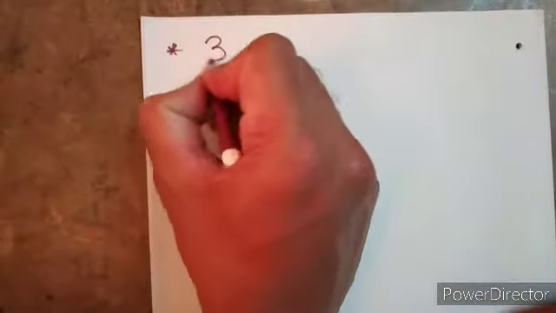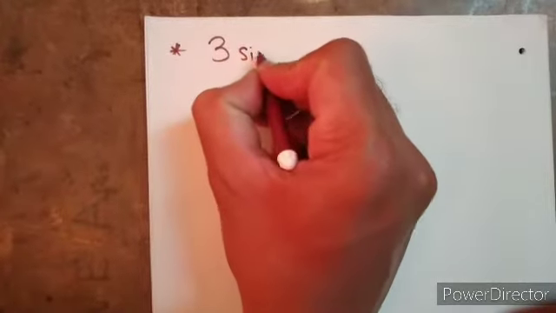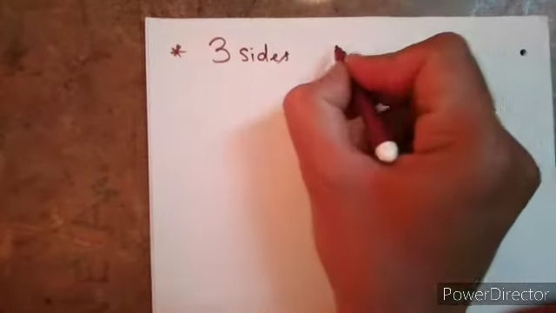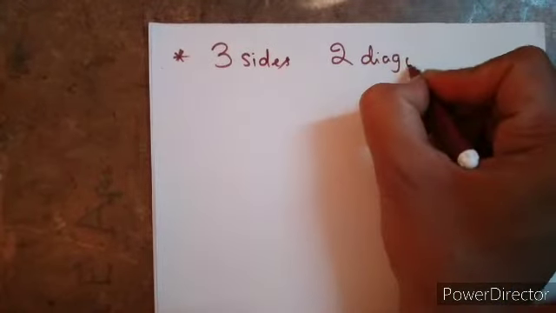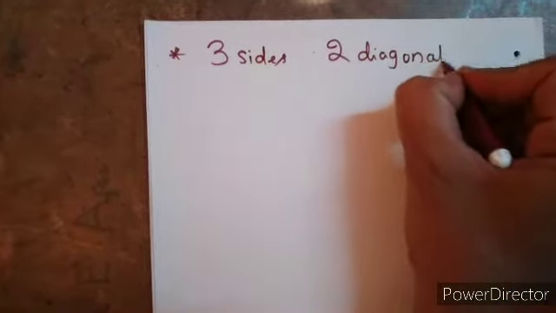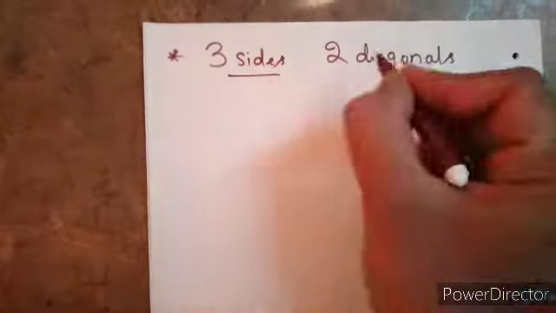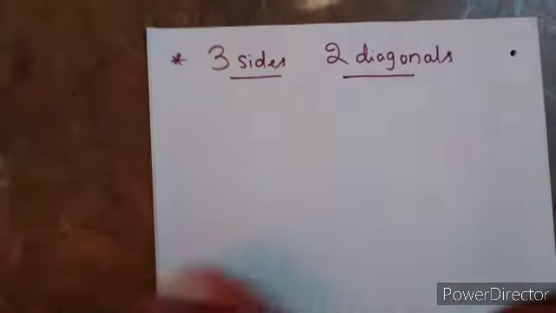Now, in this session, we learn how to construct a quadrilateral when three sides and two diagonals are given. Three sides and two diagonals.